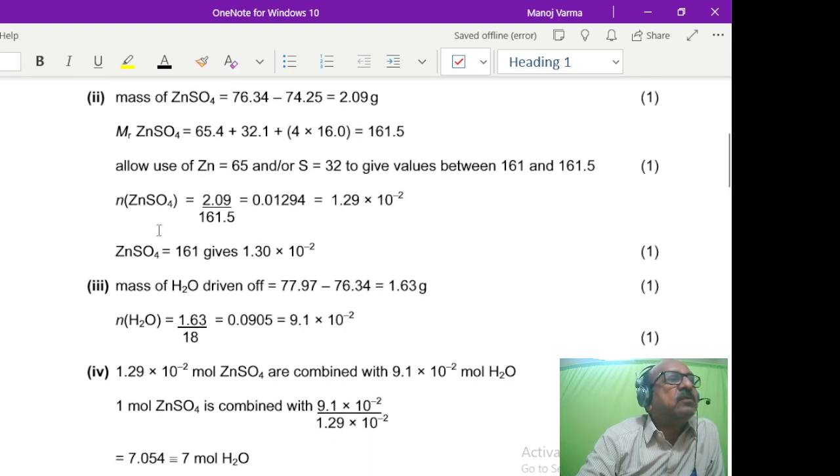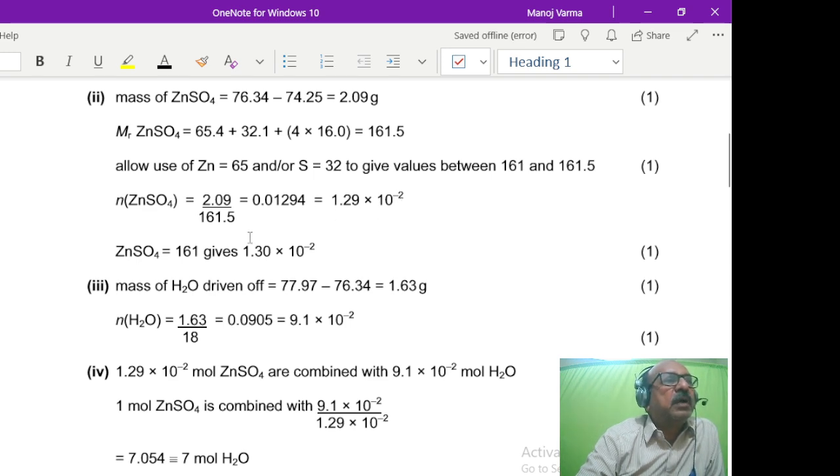Now obviously to find out the number of moles of the zinc sulfate, the mass that you obtained over here will be divided by the molar mass, and therefore this is the number of moles, which can be written as 1.29 to 3 SF times 10 raised to minus 2.